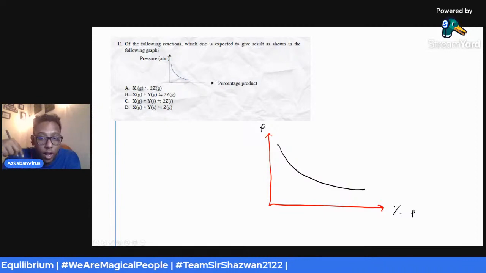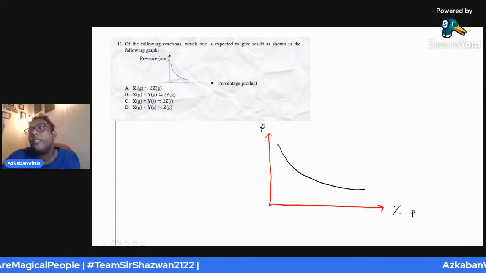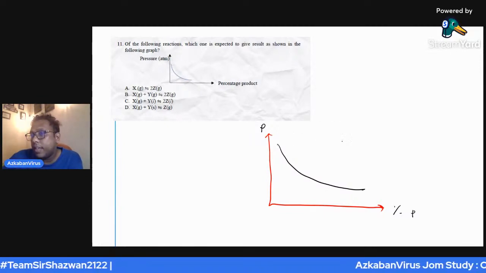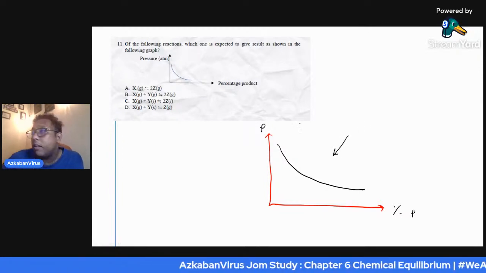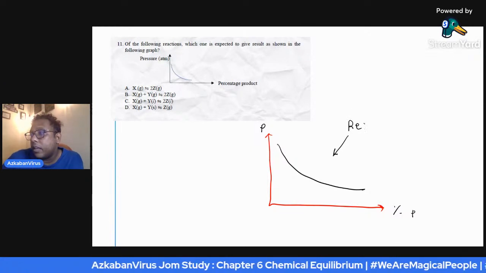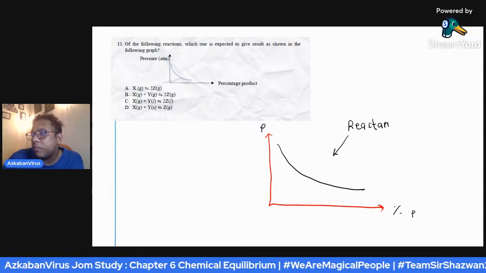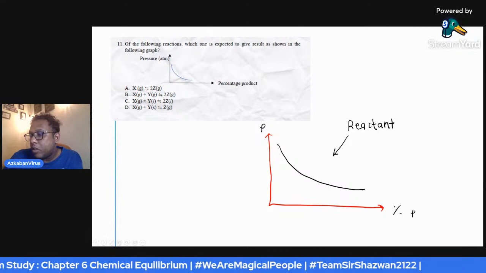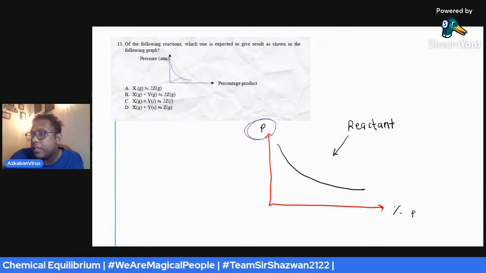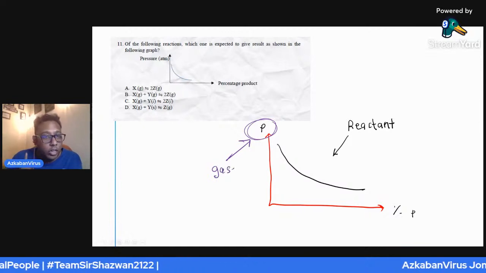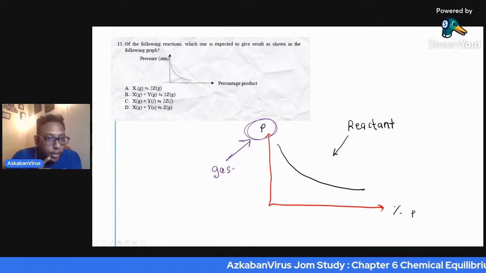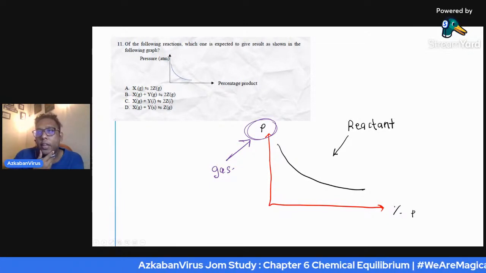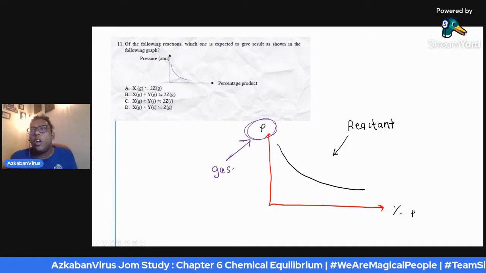Bila dia berkurang, dia adalah reactant. Dia dalam fasa, dia ada pressure. That means dia ada dalam phase gas. Dan kalau kita tengok kat sini, hanya ada satu saja spesies, bermaksud hanya satu reaktan tu saja yang dalam fasa gas.